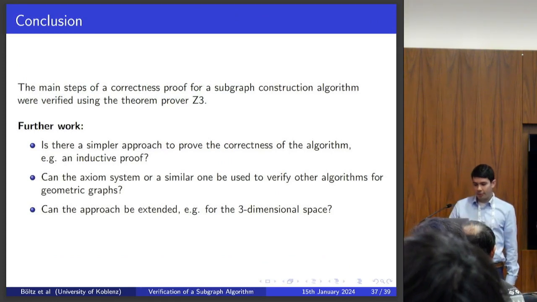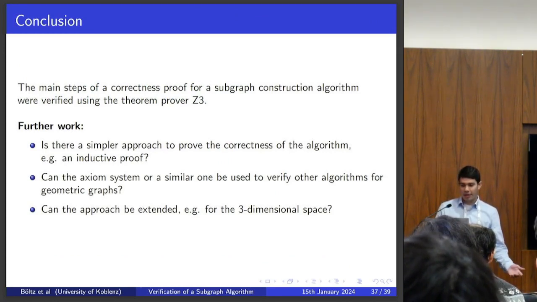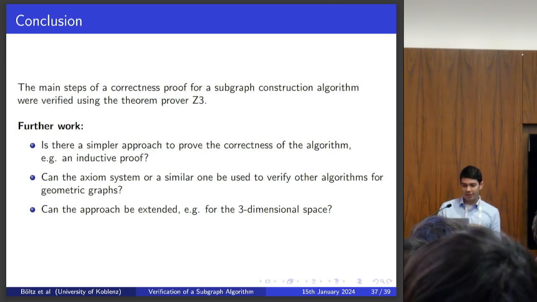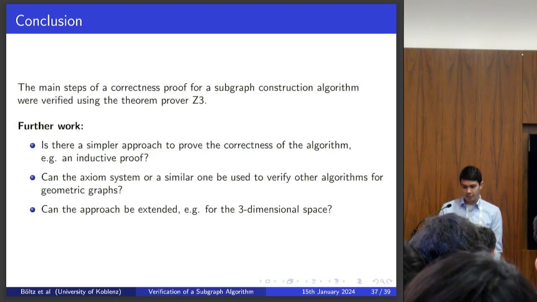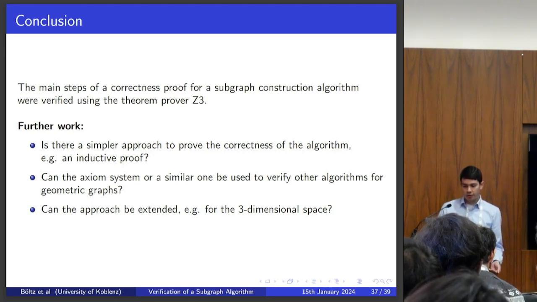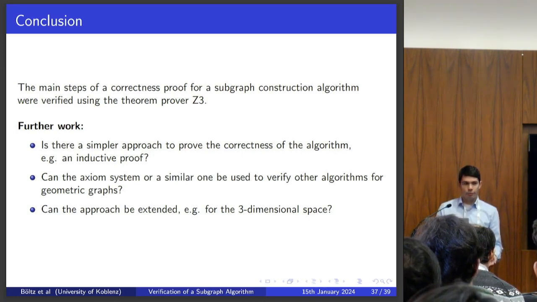So now I'll come to the conclusion of my talk. The main steps of a correctness proof for a subgraph construction algorithm were verified using the theorem prover Z3, and as future work we plan to find a simpler approach to prove the correctness of the algorithm, for example an inductive proof.